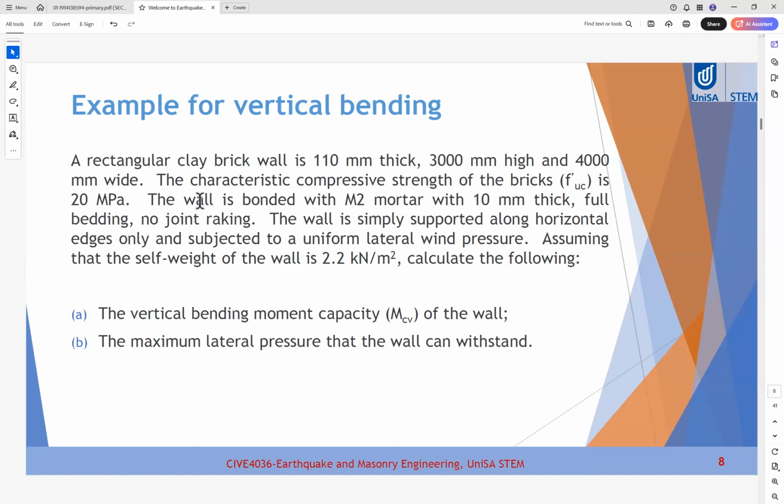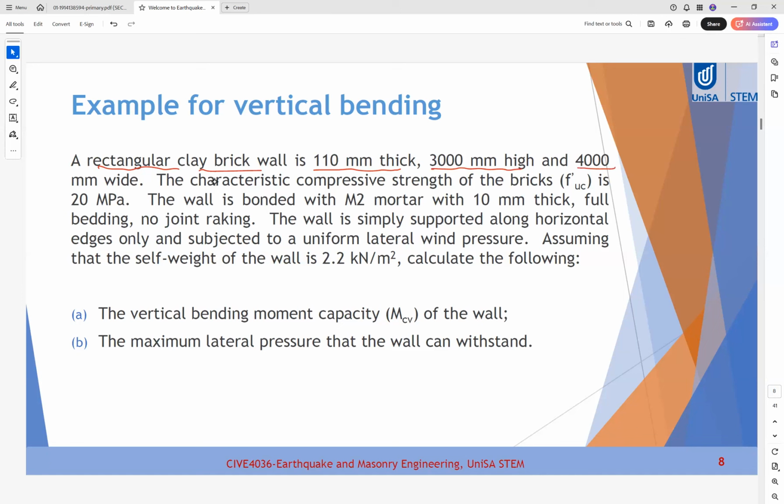Okay, so let's go through the first example we have today about the vertical bending. As you can see, in this example, we have a rectangular clay brick wall. The thickness of the wall is 110 millimeter. The height of the wall is 3000 millimeter.